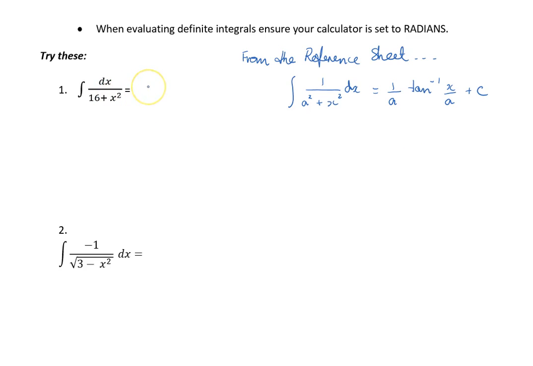So in this case, I think we could see that it very nicely matches the format on the reference sheet. And you can see there that our 1 on a becomes 1 on 4, tan inverse x on 4 plus the constant. Now, in example 2, we're taking the integral of negative 1, and we can clearly see the square root.